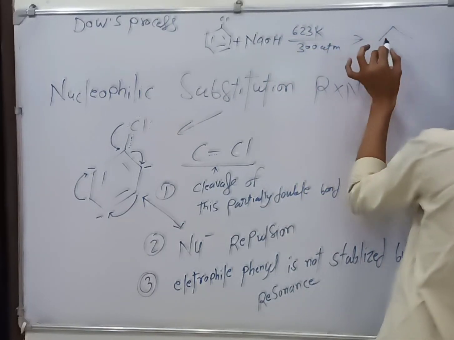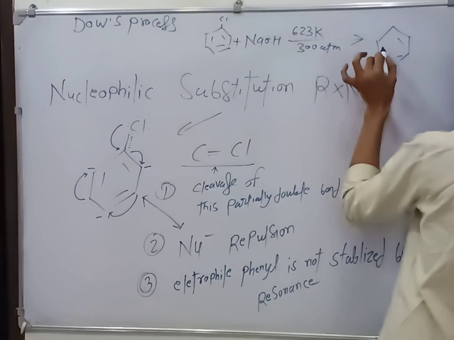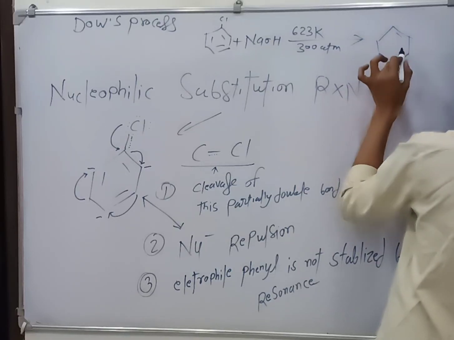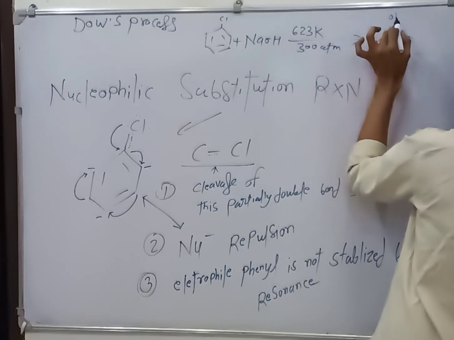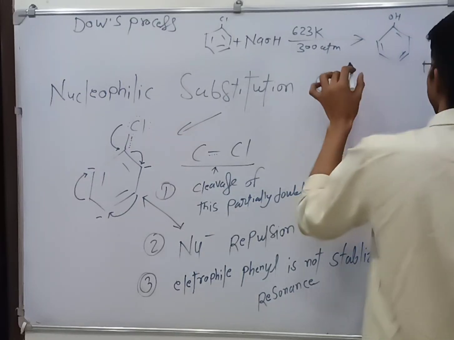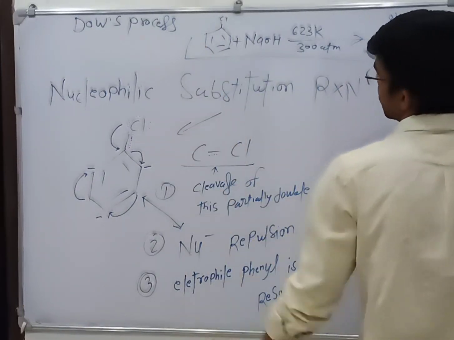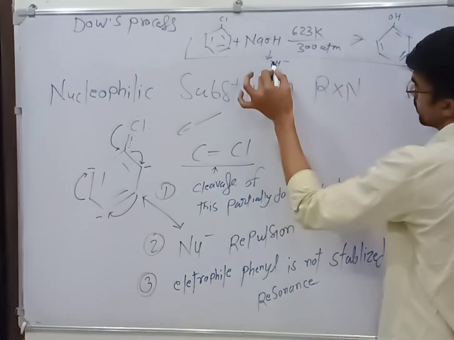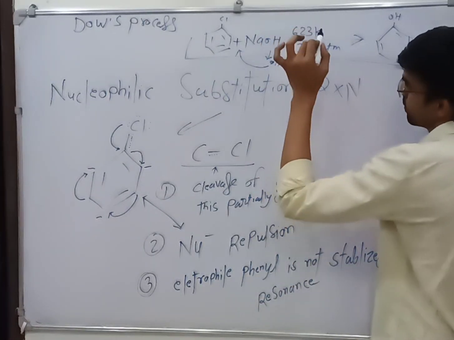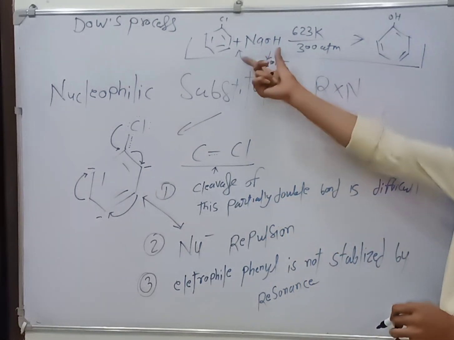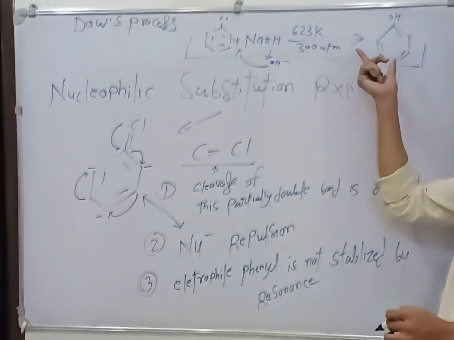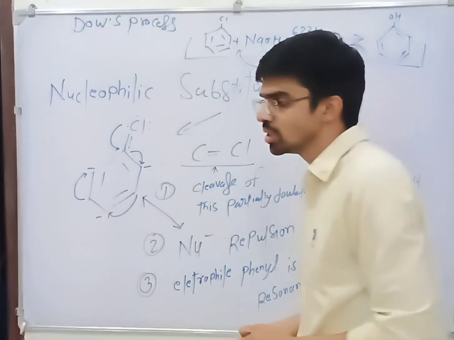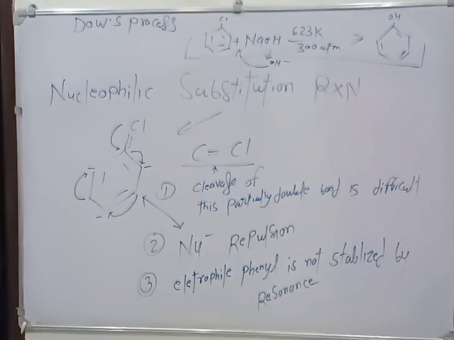It gives phenol. So this is the only nucleophilic substitution reaction where the OH minus nucleophile will attack the ring. At high temperature and high pressure it is possible for this reaction and will form phenol. So this is the only nucleophilic substitution reaction, called Dow's process, which is shown by haloarene compounds.